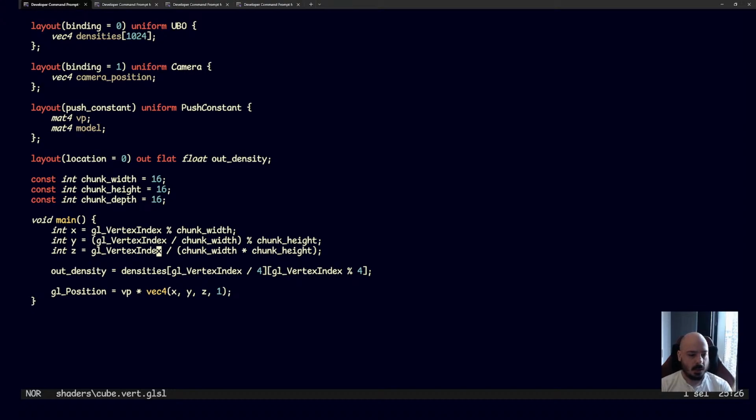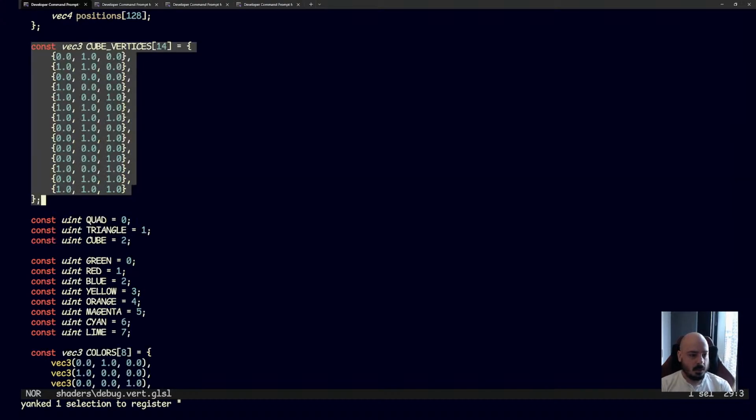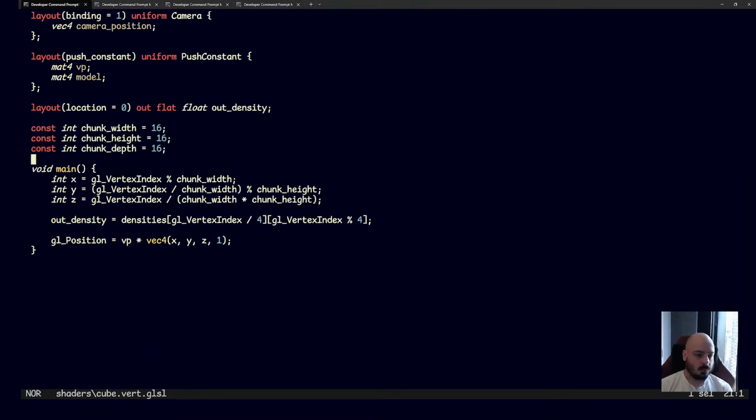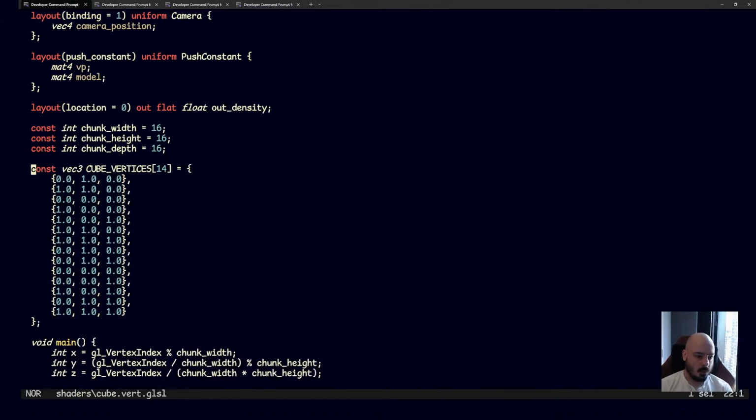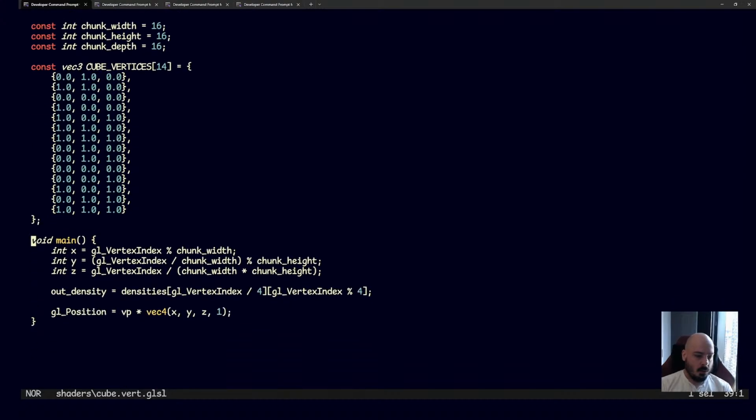Oh, we can't do it like that though. Because the vertex shader is going to run once for each vertex. I think we could still use this though. So this is actually going to have to be.